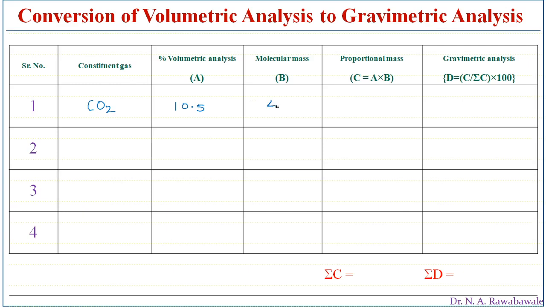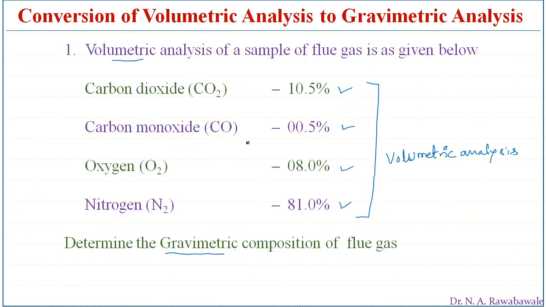The molecular mass of carbon dioxide is 44. Forty-four into 10.5 gives us 462.